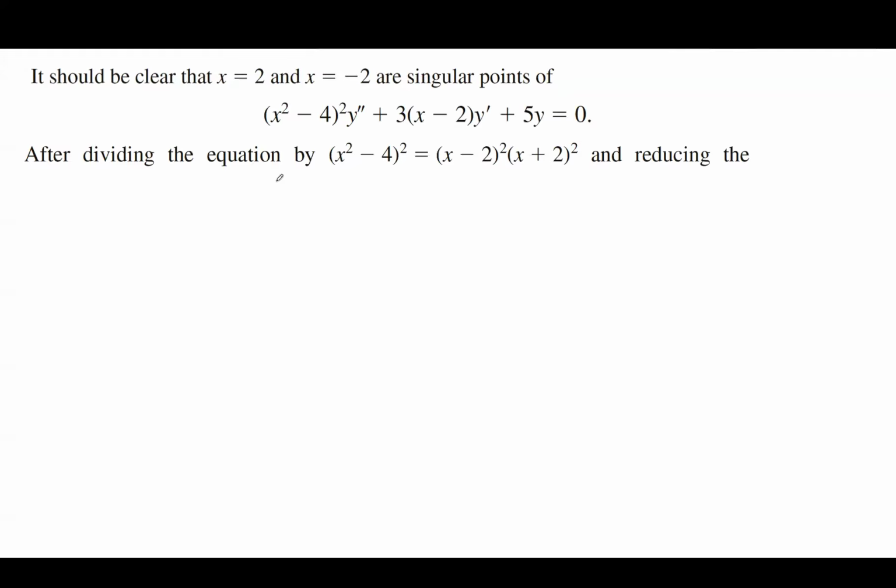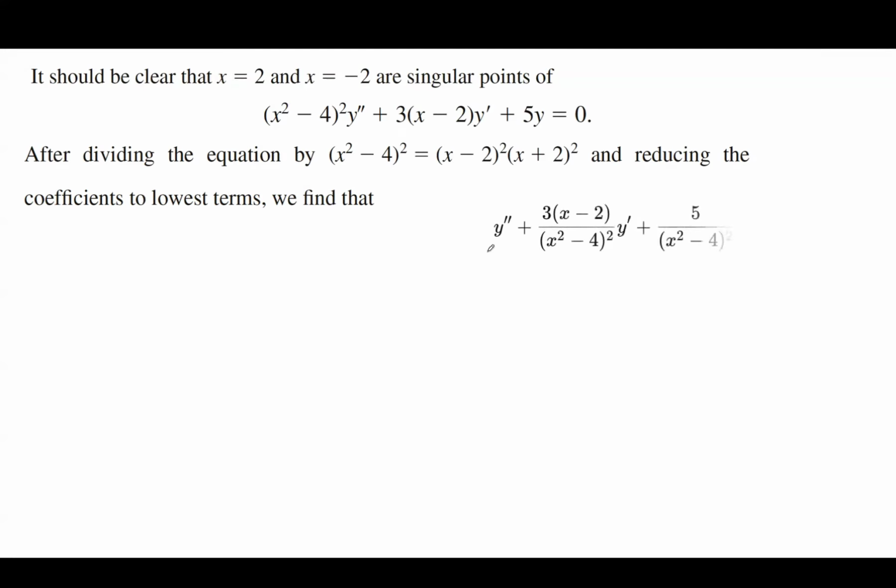If we divide everything by the leading coefficient and reduce the coefficients to lowest terms, you can write this differential equation in standard form. The second derivative of y plus 3(x minus 2) divided by (x squared minus 4) to power 2 y prime plus 5y divided by the leading coefficient, which is (x squared minus 4) to power 2.